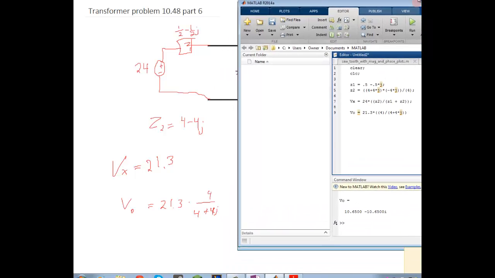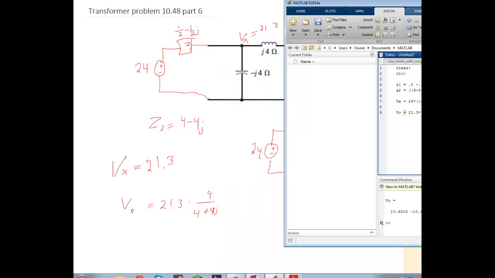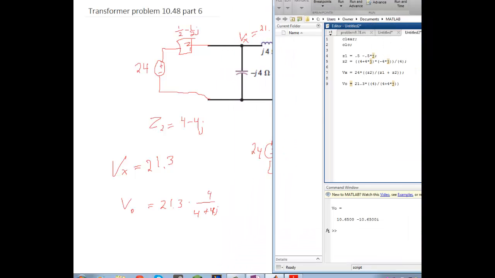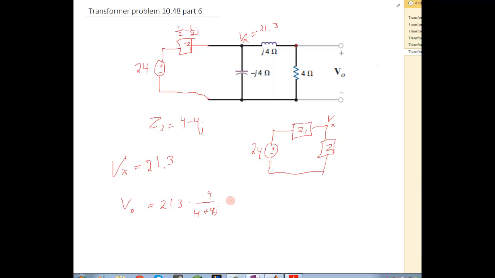And our answer is 10.65 minus 10.65j. And that's our answer.